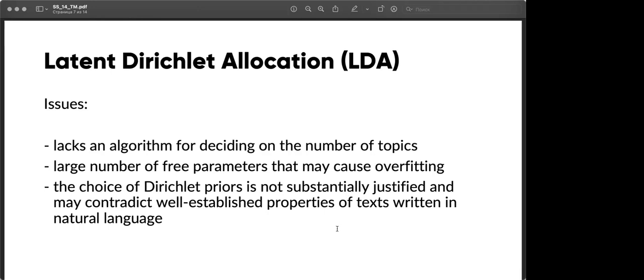So, for example, Gerlach and Pichota speak of Zipf's law. They highlight that the Dirichlet allocation does not take into account that different words have different patterns of occurrence in texts overall.